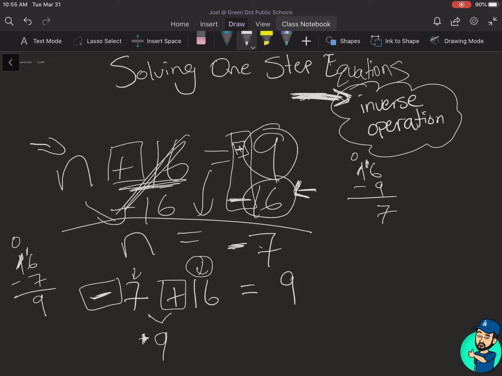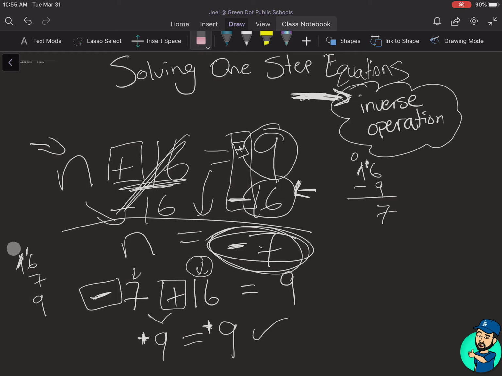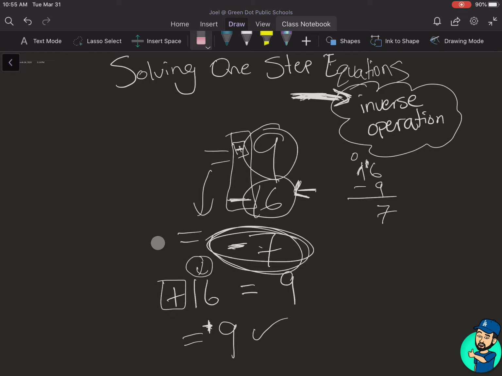You don't need to. Positive 9 equals 9. Again, when you don't see a sign in front of it, it's also positive. So we're good. So my answer is negative 7. Let me erase this.